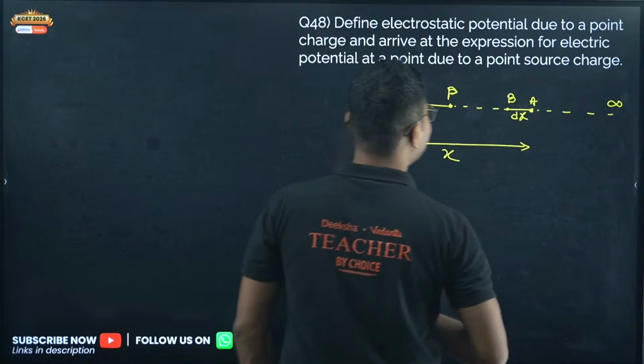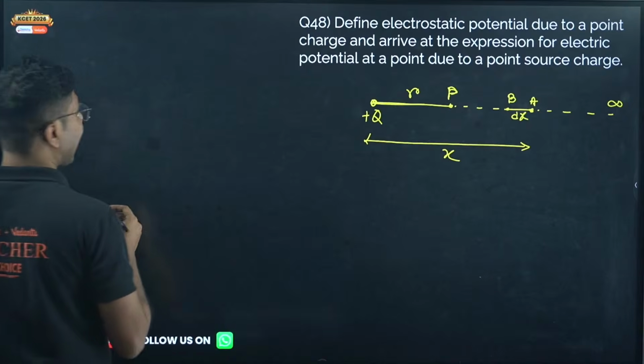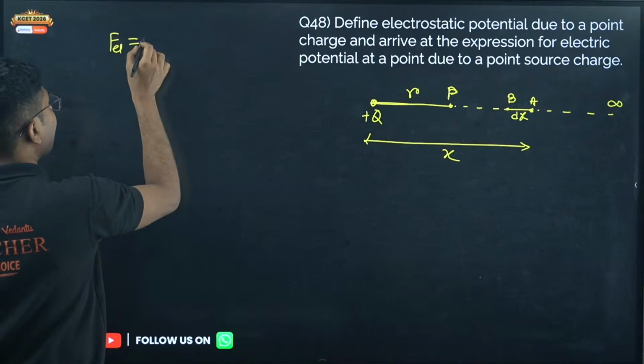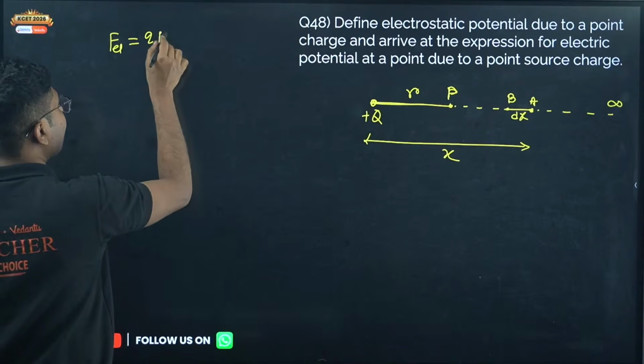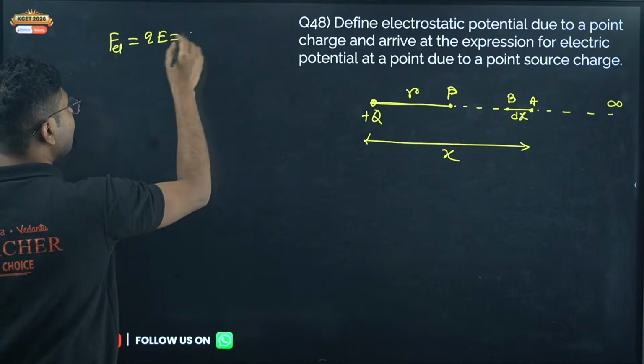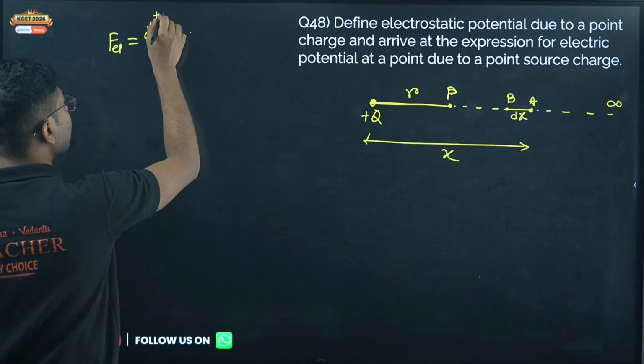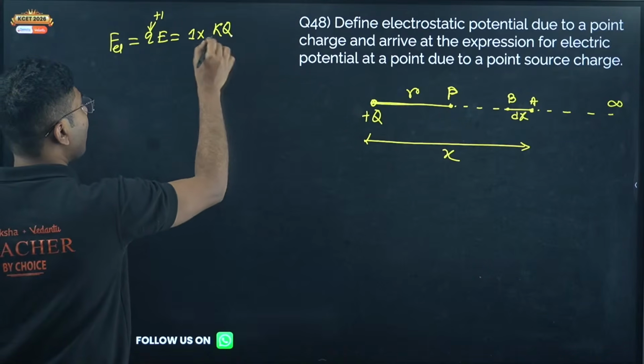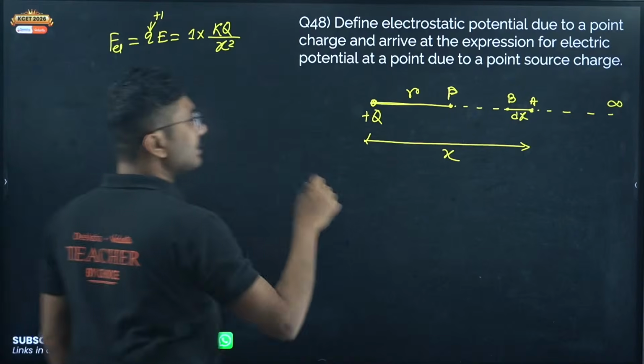What will be the electric force acting on the charge? Electric force acting on this charge is given by q into electric field, where q is unit positive charge, so 1 into KQ by x square, the electric field at this point.